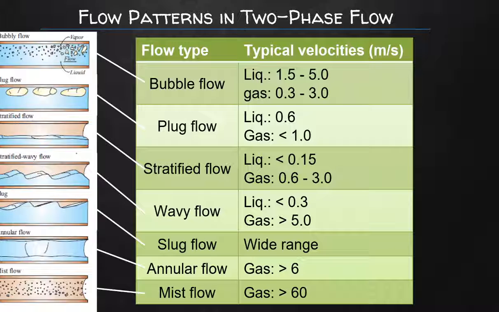But regardless of this, it is possible to predict the flow patterns if the individual liquid and gas velocities are known. And these are easily determined through a mass balance.